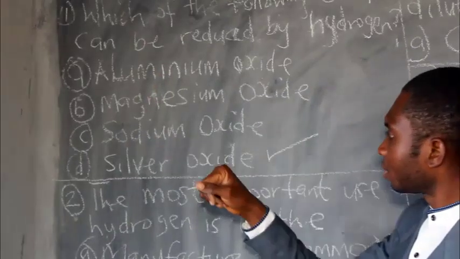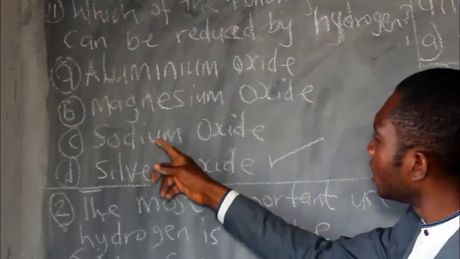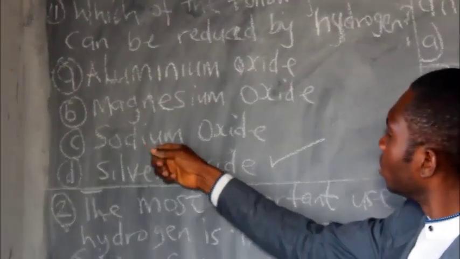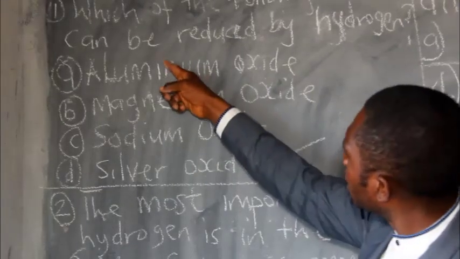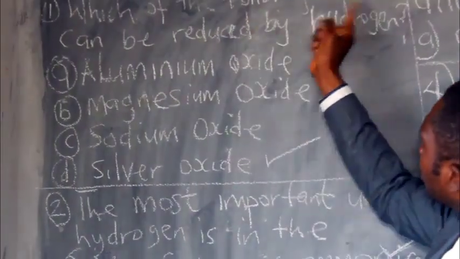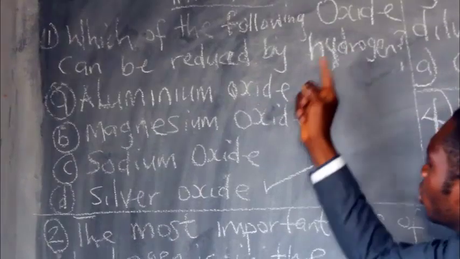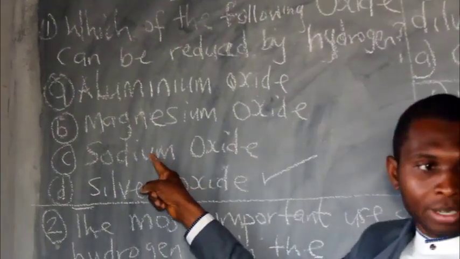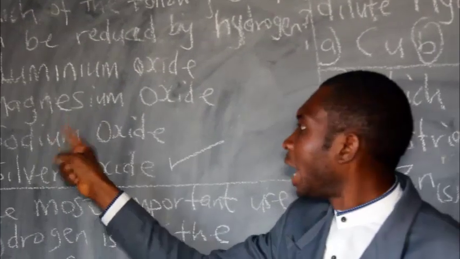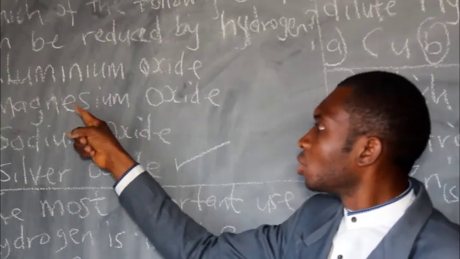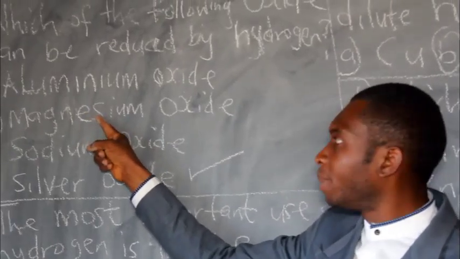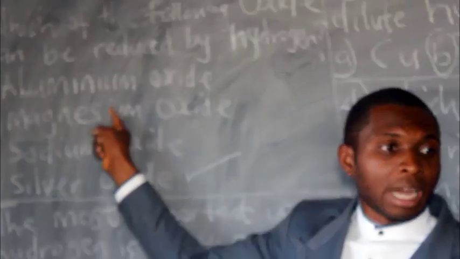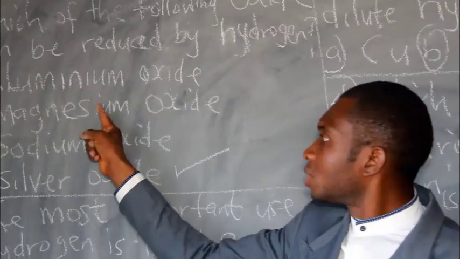Watch the metals. Hydrogen cannot reduce sodium oxide because sodium is higher than hydrogen in the series. Hydrogen cannot remove oxide from magnesium because magnesium is higher than hydrogen in the activity series.